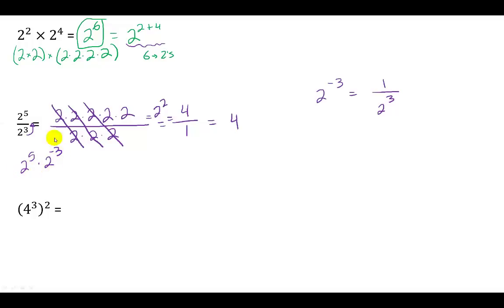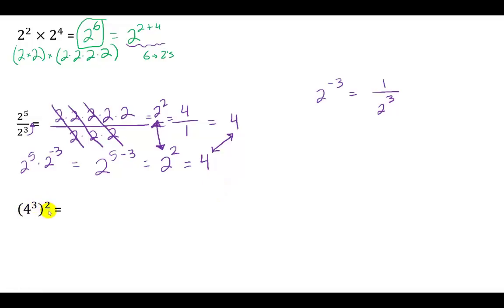Now we have the same bases, so we can add the exponents. So it becomes 2 to the 5 plus negative 3. Well, 5 take away 3 is 2, so it's 2 to the 2nd, and that means 2 times 2, which means 4. So we see 2 to the 2nd shows up in both methods, and our final answers are also the same.